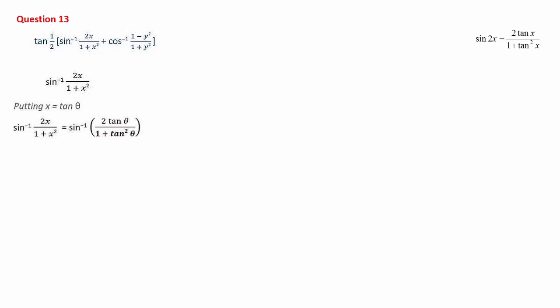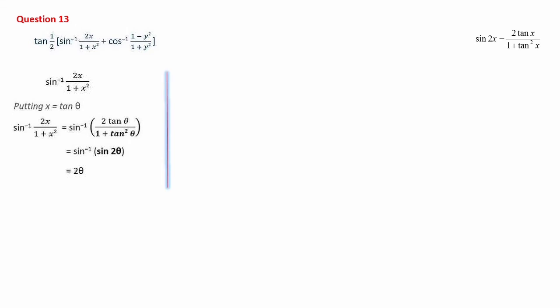We have discussed the sin 2x formula, 2 tan x by 1 plus tan square x. Here instead of x, theta is there. So it will be sin inverse of sin 2 theta. Sin inverse of sin x is x, so sin inverse of sin 2 theta is 2 theta itself. So the first calculation is done.